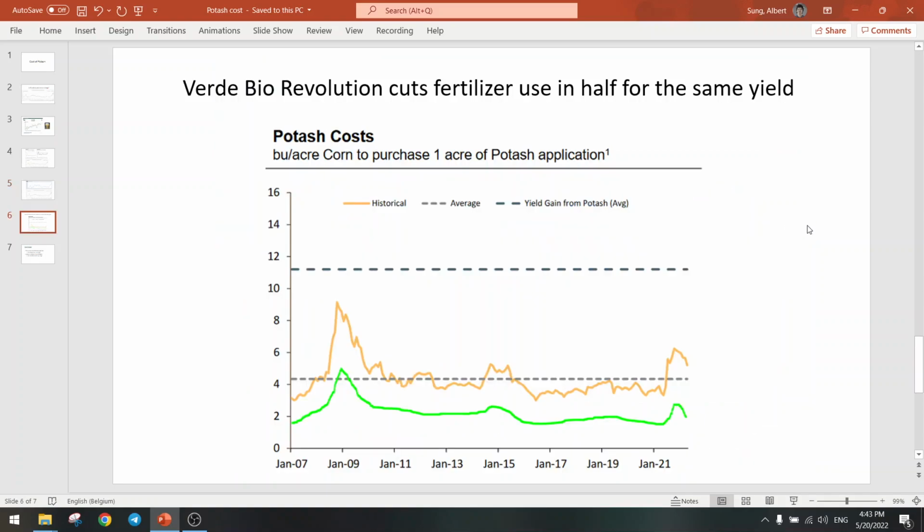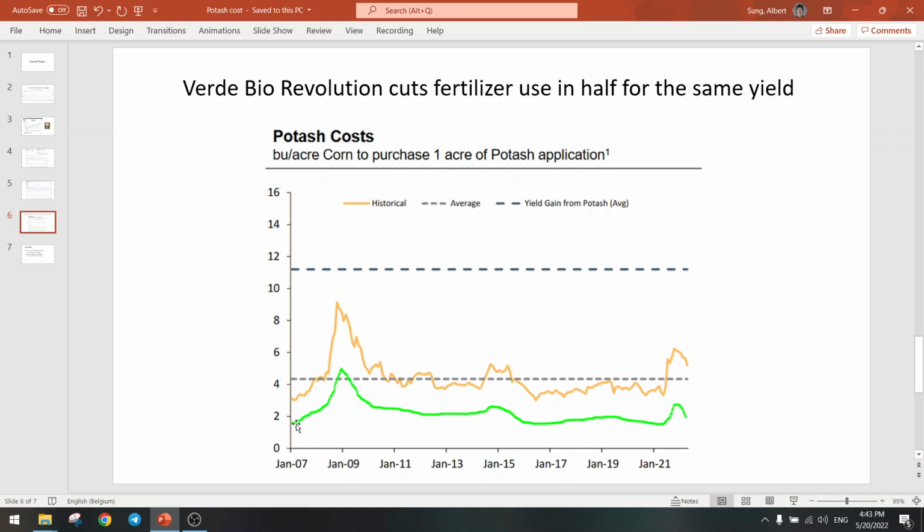Now, what does this have to do with Verde? Verde's Biorevolution, their new product, has the ability to cut fertilizer use in half, and you can read their patent. They use half the amount of fertilizer to get the same yield on the field.